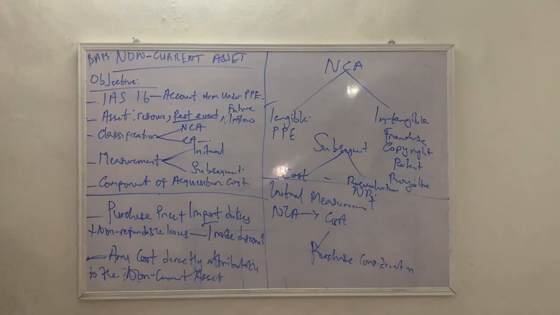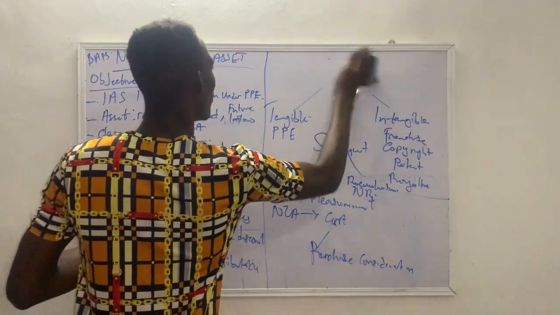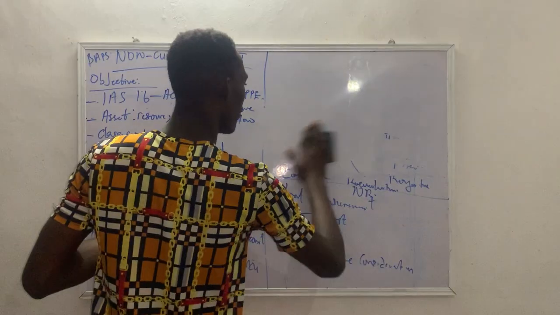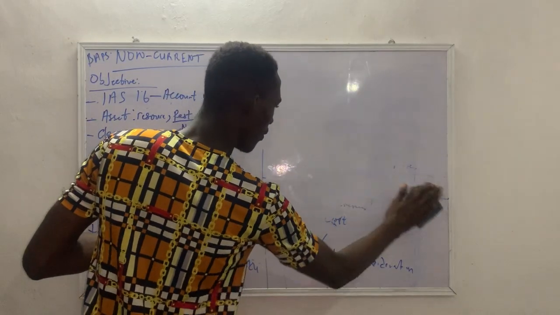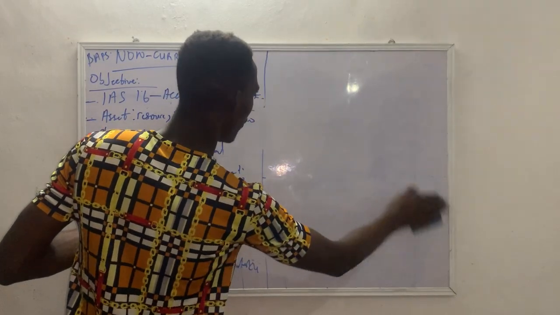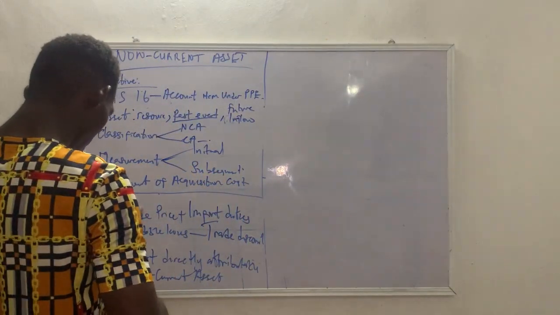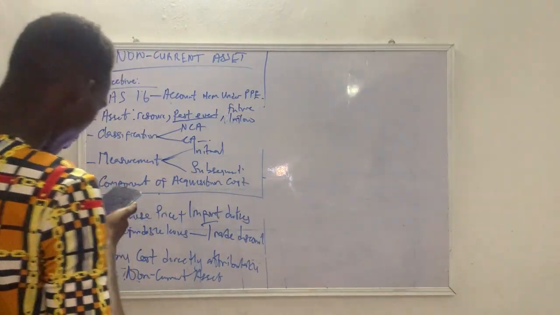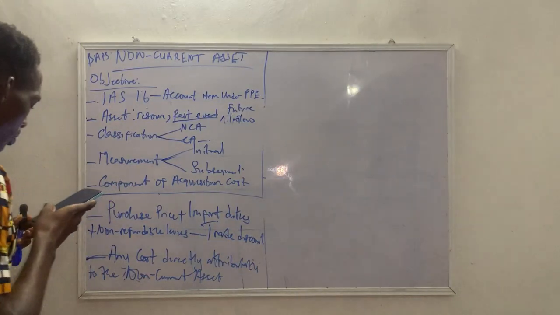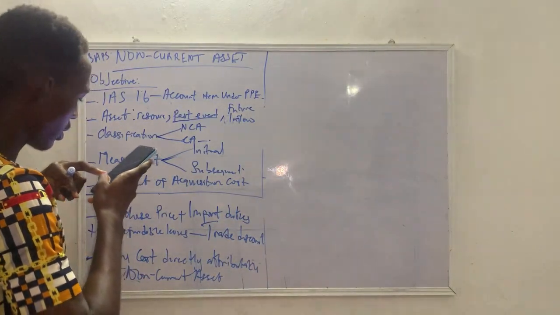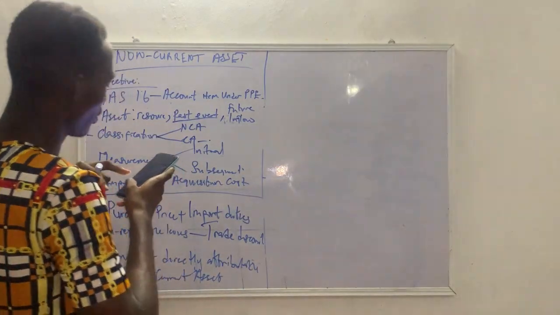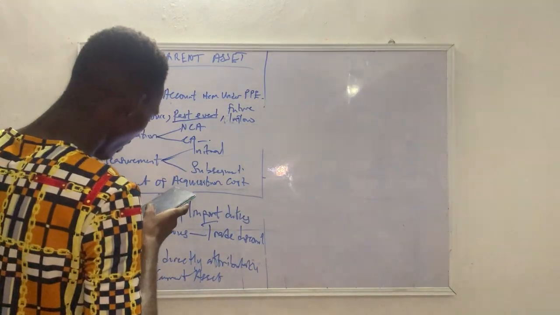Now let's solve a very short and brief question on non-current assets. Now let's solve an illustration. I picked this illustration from the Basic Accounting Process Study Text, illustration 6.1.